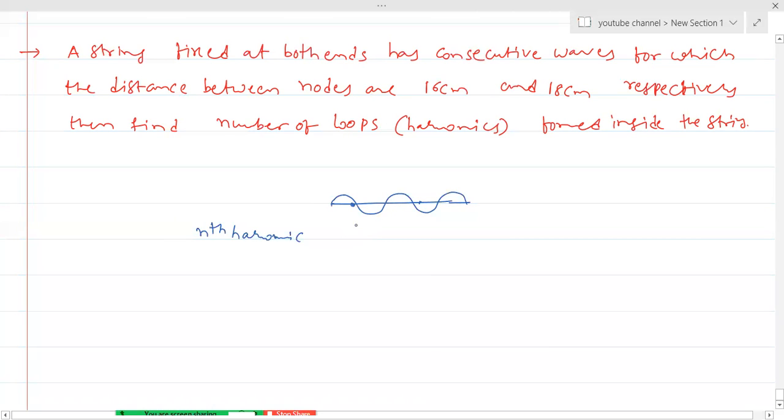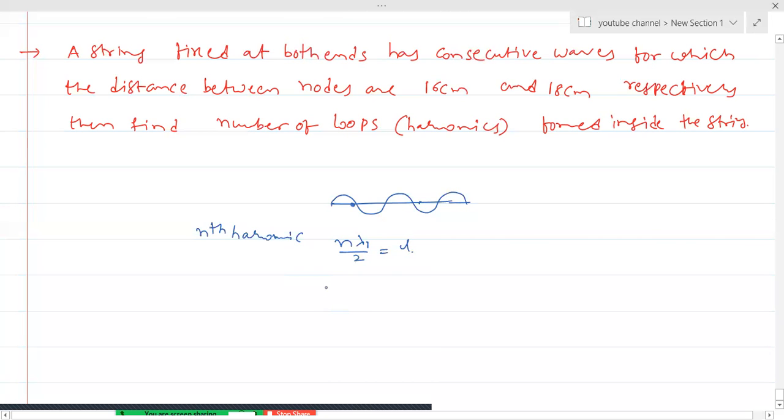For the first wave, if we have n loops, then automatically n into lambda 1 by 2 is equivalent to the length L. And the distance between the nodes for the first wave, that is lambda 1 by 2, is equivalent to 16. So one is 16 and the other is 18. Therefore I am taking n into 18 equivalent to L.